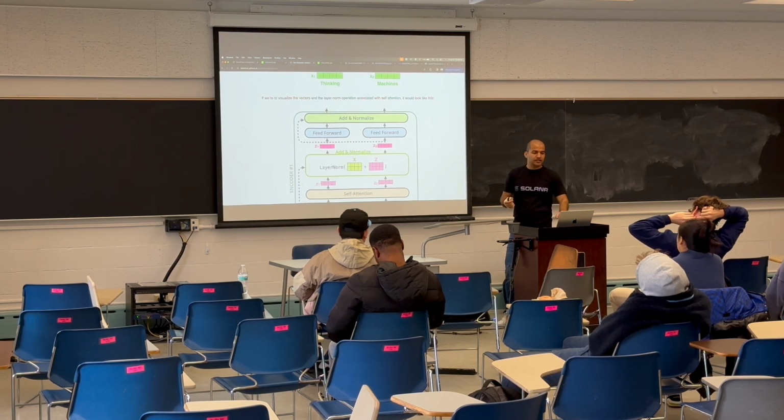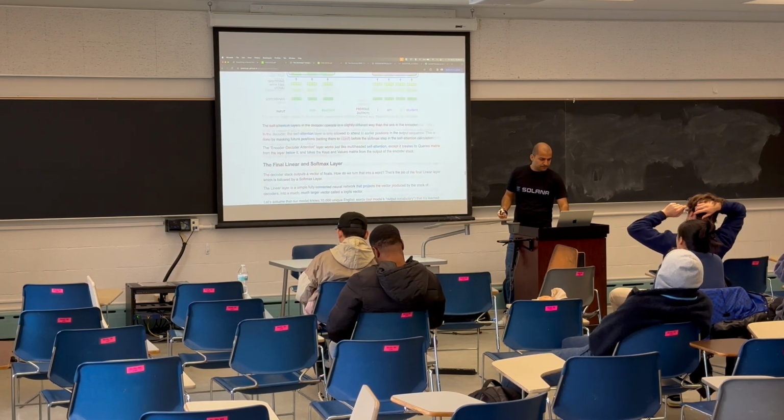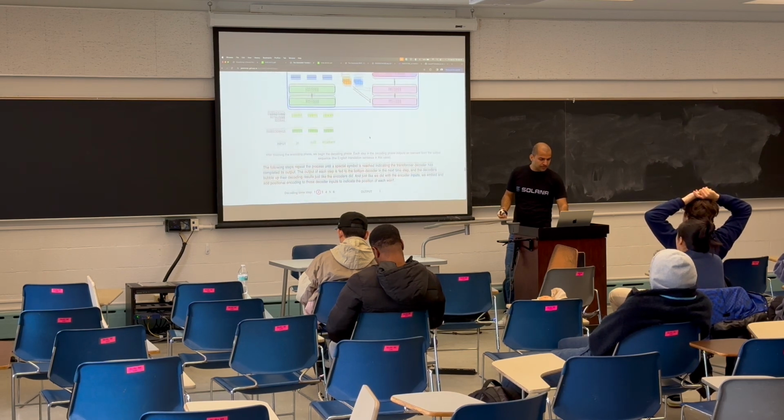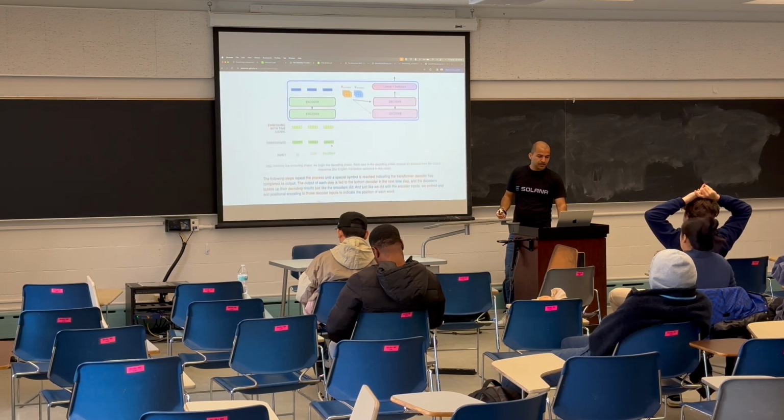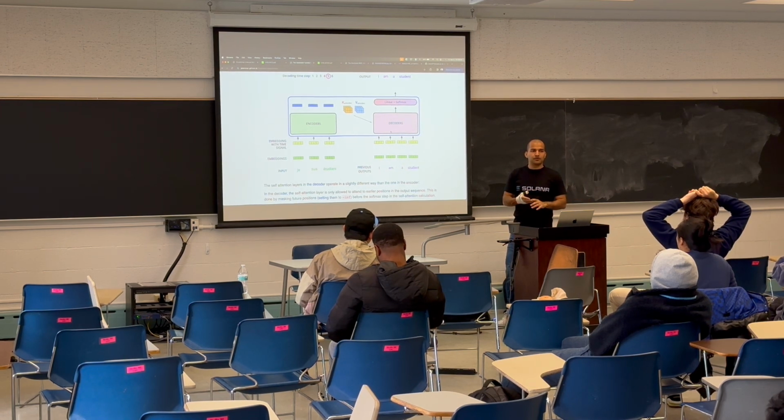So let's say the translation was something French, right? And you get the first output I, but I don't know what's going to come later. So you give it a very low attention value by default so that it only attends to things which it has seen so far, because we don't know what's going to come in the future.